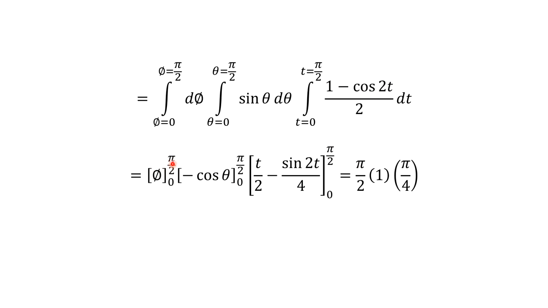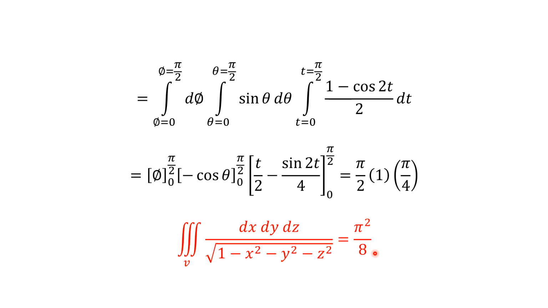When we put the upper limits, it is pi by 2 minus 0, which is pi by 2. Then here minus of cos pi by 2, which is 0, minus of minus 1, so it is plus 1. Then here for the lower limits both the terms are 0, and when you put the upper limit, this will become pi by 4 minus sin pi, which is also 0, so therefore pi by 4.